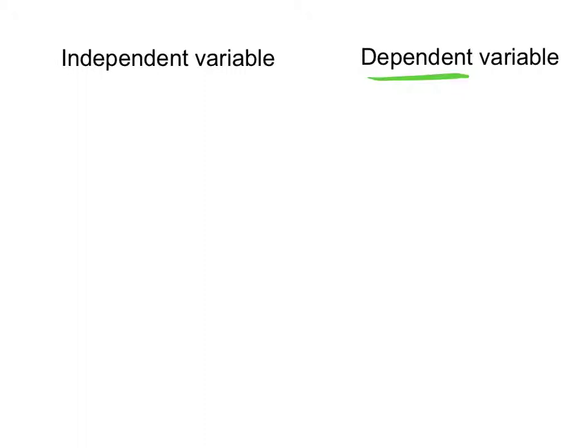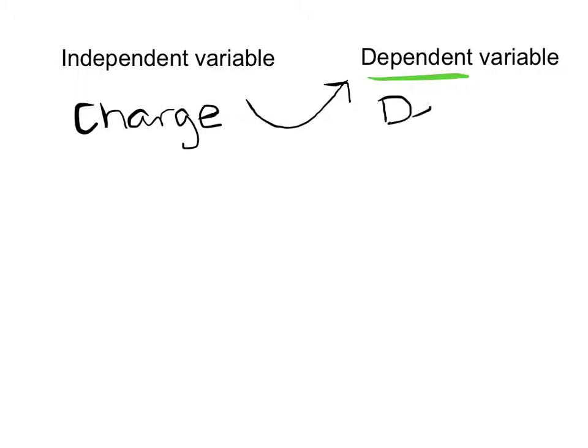The independent variable is the one who is in charge, gets to make the decisions, and the value of the independent variable affects the value of the output, or the dependent variable. So this is the one that changes a lot, and it depends.